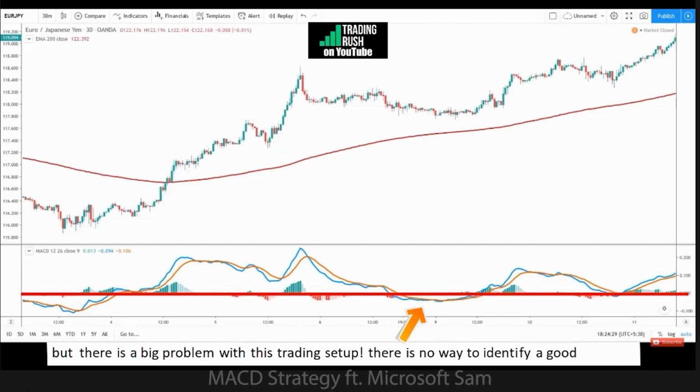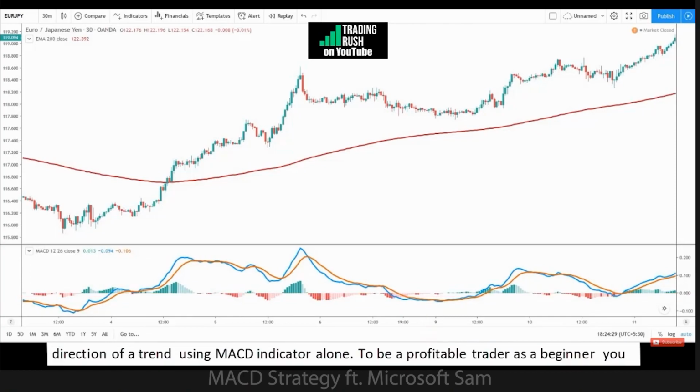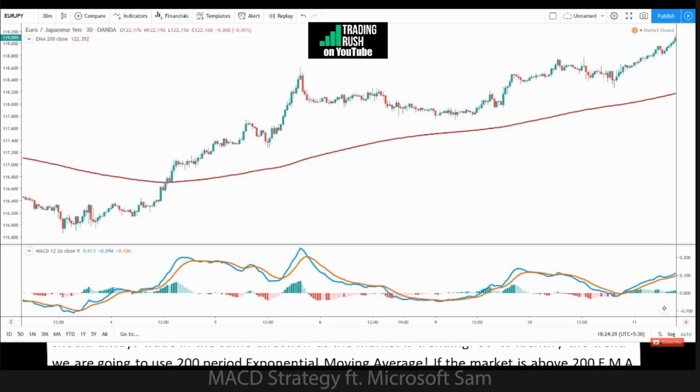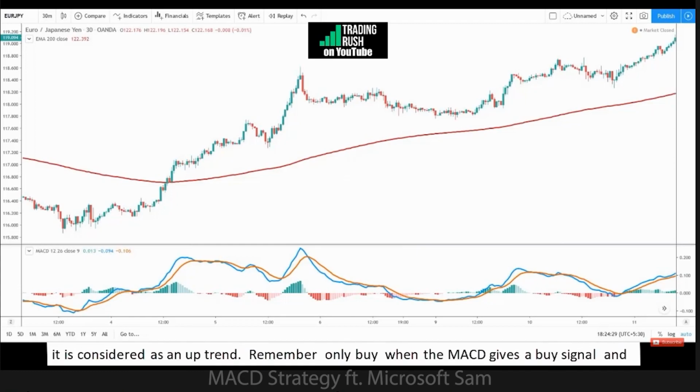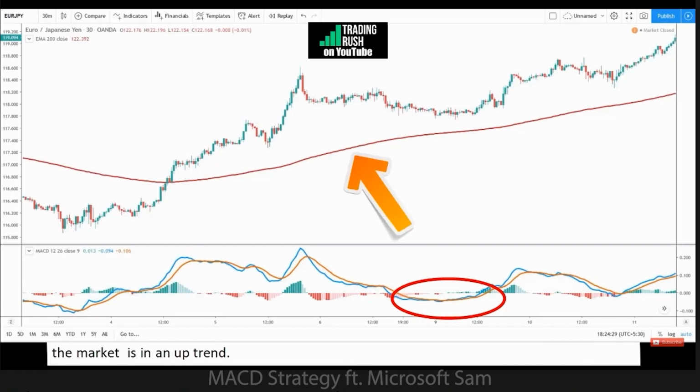But there is a big problem with this trading setup. There is no way to identify a good direction of a trend using MACD indicator alone. To be a profitable trader as a beginner, you should always trade in the same direction as the market is trending. So, to identify the trend, we are going to use 200-period exponential moving average. If the market is above 200 EMA, it is considered as an uptrend. Remember, only buy when the MACD gives a buy signal, and the market is in an uptrend.